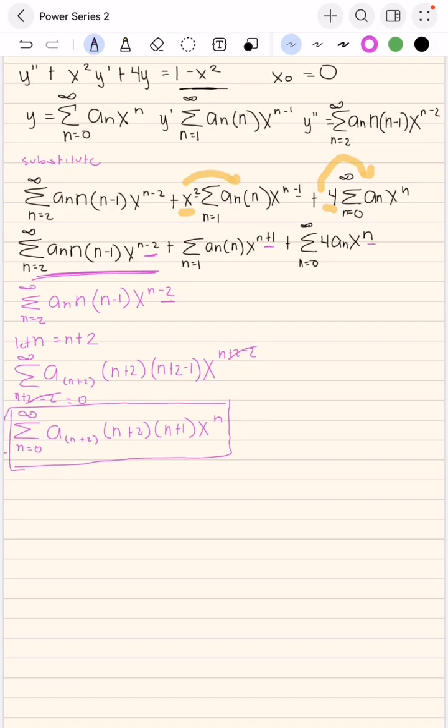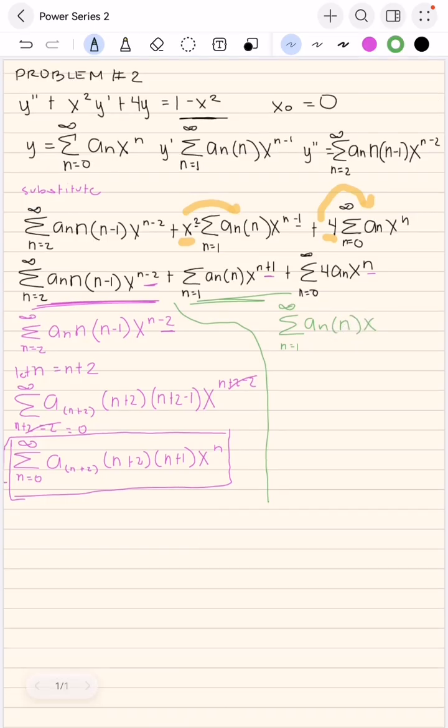Next, let's change the color for this one. Let's save some space. It should be the summation from n equals 1 to infinity of a_n n x^(n+1), and this should be 0.